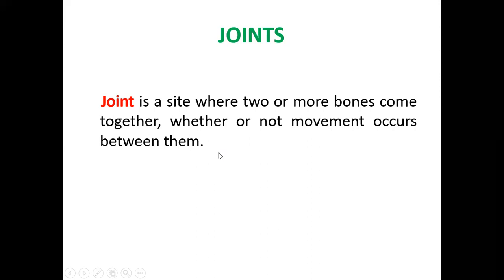It is not necessary that there should be movement for us to call it a joint. Always the joint will be the site where two bones come in contact with each other. Most of the time there will be movement, but sometimes there will be absence of movement also. Still we call it a joint.